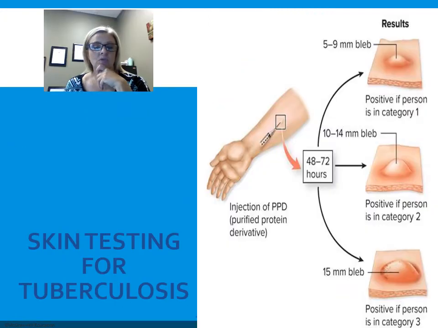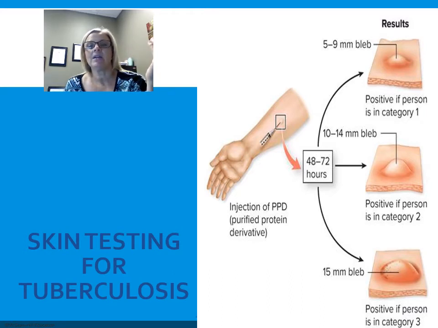So here's that traditional TB skin test, which I'm sure many of you have had. Teachers have to have it as well, so I had to have this when I started teaching. Like I said, Mantoux test. This is a purified protein derivative from tuberculin. It's injected into the dermis, and it forms a small bleb from the injected fluid, but that's absorbed in a short period of time. 48 to 72 hours later, the skin reaction will be read, or rated, by the size of the raised area.